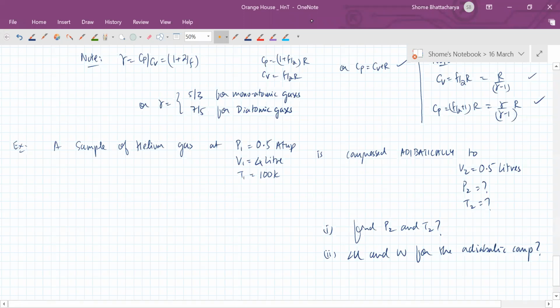Yeah, so anybody got the answer for this? So you'll have to use the equation PV to the power gamma is constant.